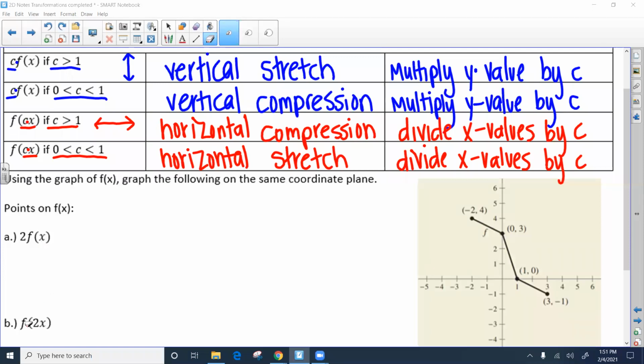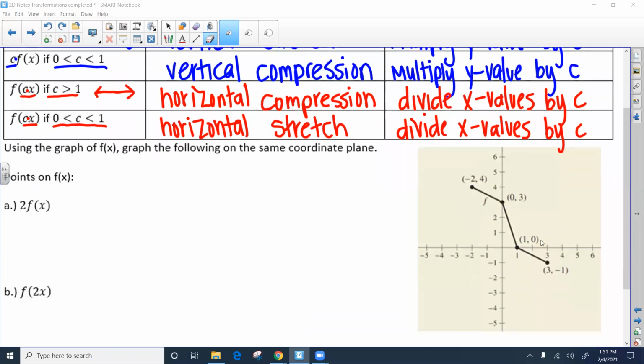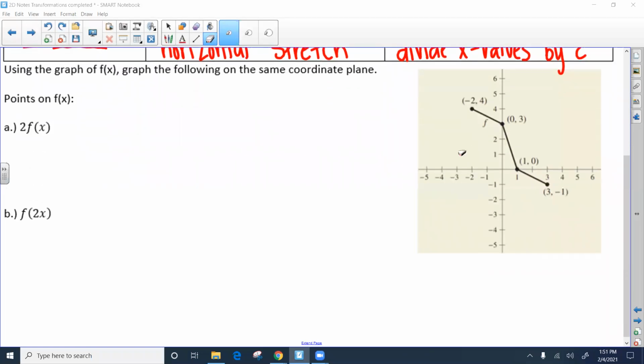A and B, we're going to do on this graph. The reason there are 2 graphs is just because I didn't want to try to fit all 4 transformations on one graph. It would just be too much to see what's going on. So we're going to draw A and B on this graph, and then we'll draw C and D on the other.